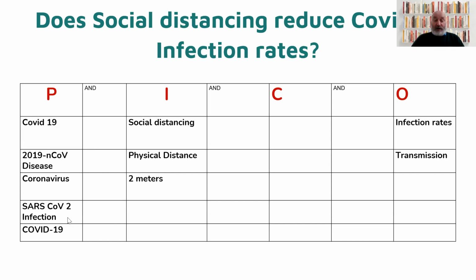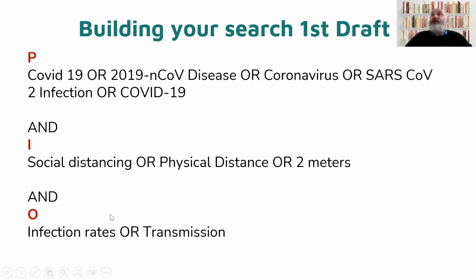And this is how I would start drafting out my search strategy. I want to end up with a search strategy that I can copy and paste and run very easily in the databases. So what I do is I lay out in a Word document or a Google Doc my PICO structure, if I'm using that, my PEO structure, if I'm using that, my PCC, and then I lay my keywords out.